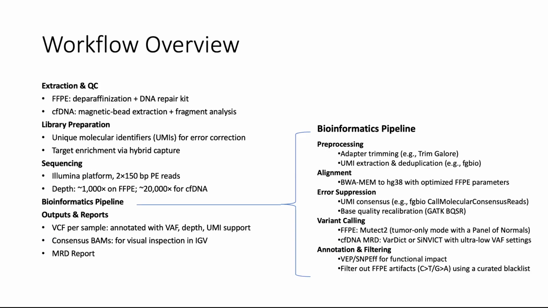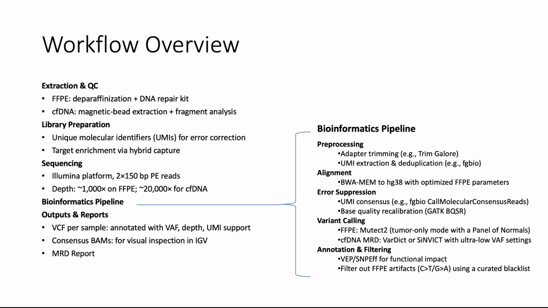I will not focus on the overall workflow, but I will just highlight where is the place of bioinformatic tools in this process. So we have stages for extraction and preparation of this DNA.